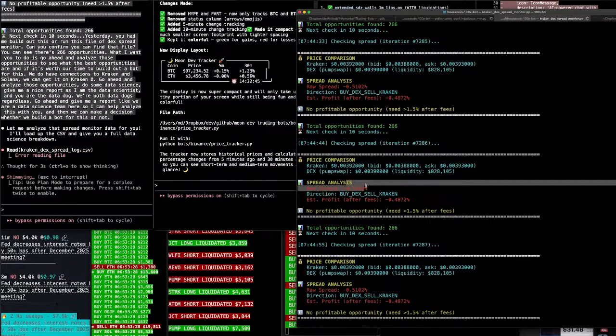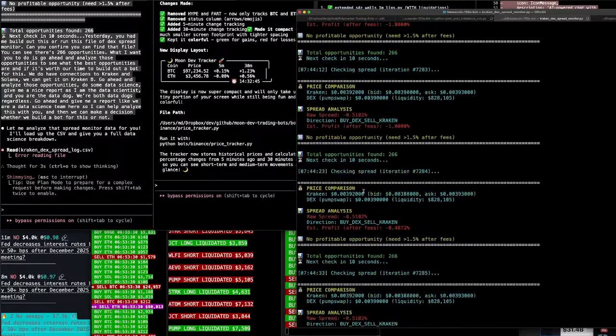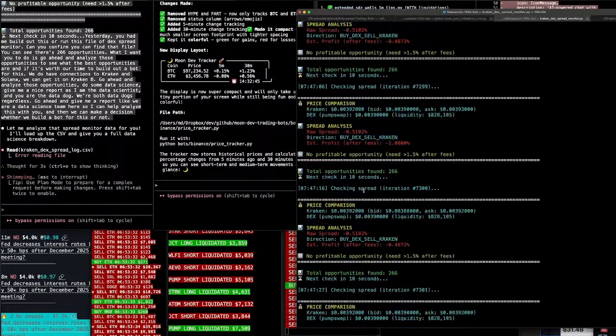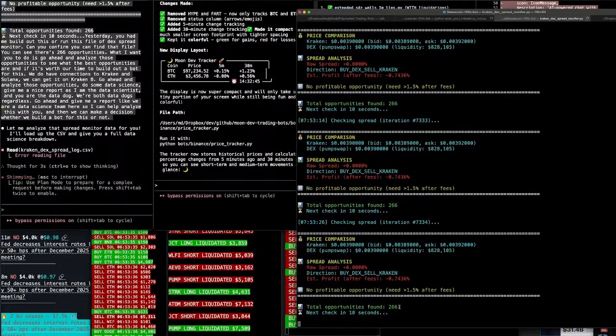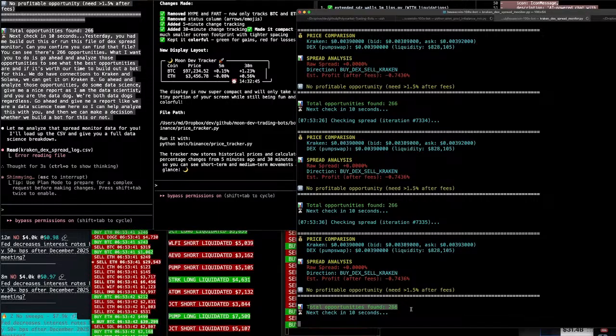You can see this raw spread is negative 5.1%. This is what I was seeing when I launched it. I thought, all right, I'll launch it and let it ride, but I bet nothing's going to come from it. That being said, it's found 266 opportunities. That's 266 trades it could have taken overnight. That's pure arbitrage.